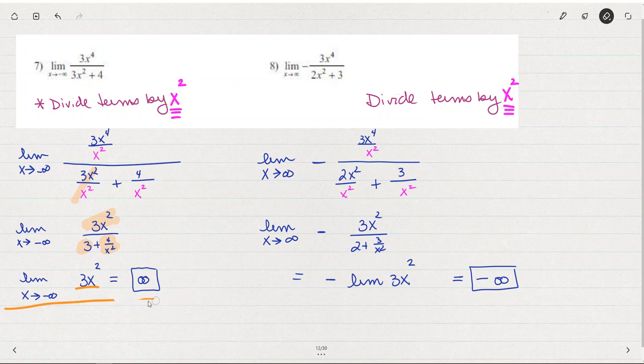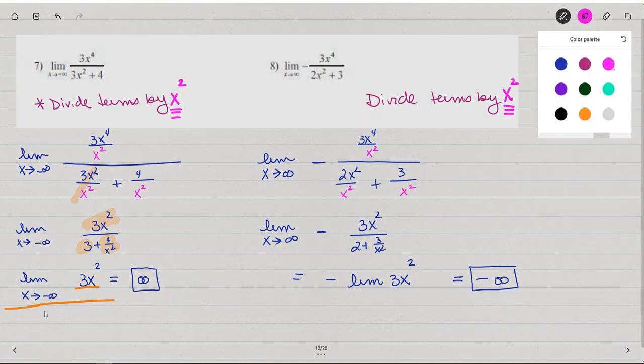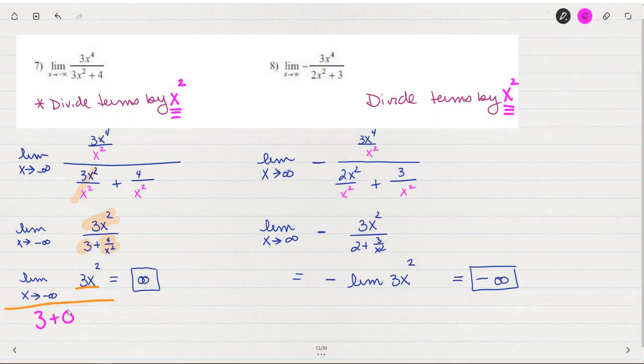So we have the limit of 3x squared over 3 plus 0. So the limit of 3x squared is infinity, and when I divide infinity by 3, that 3 has no effect on the infinity. So it's just infinity.